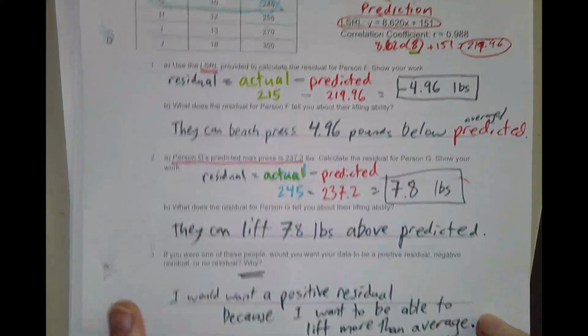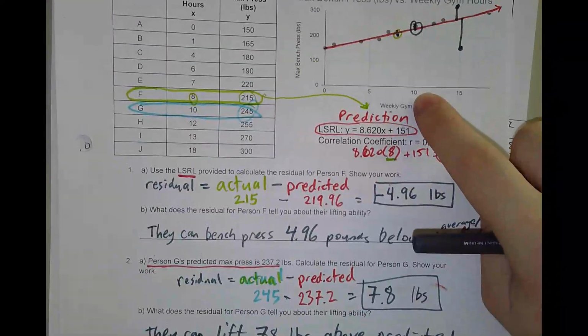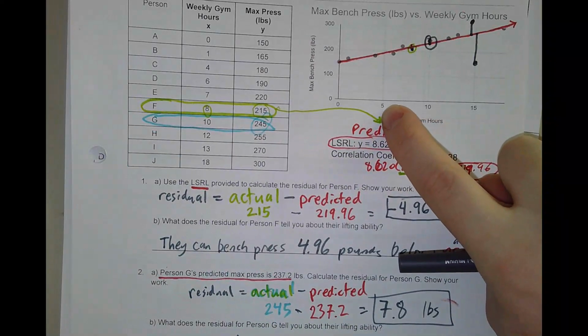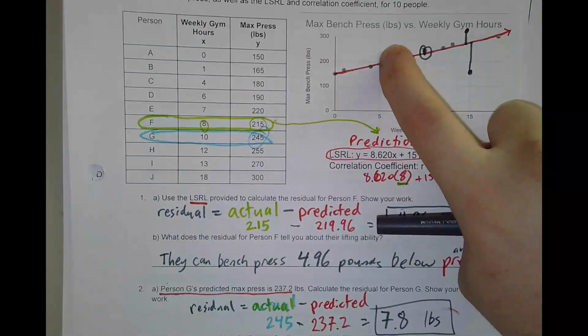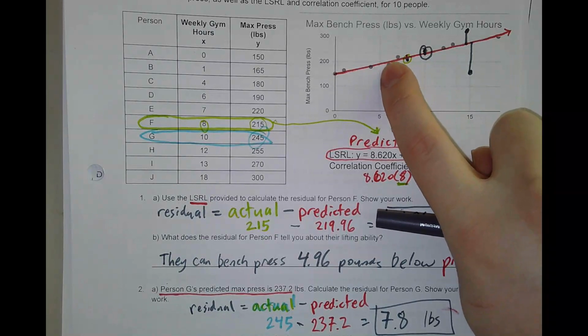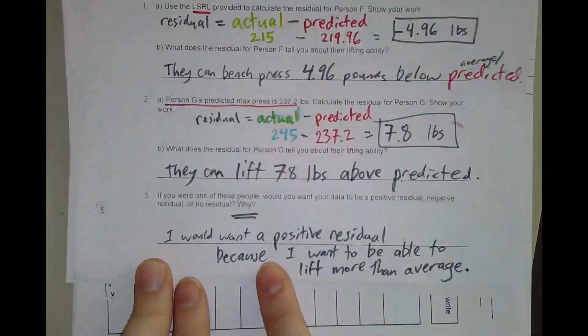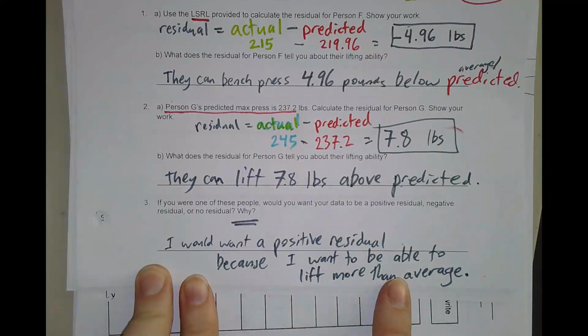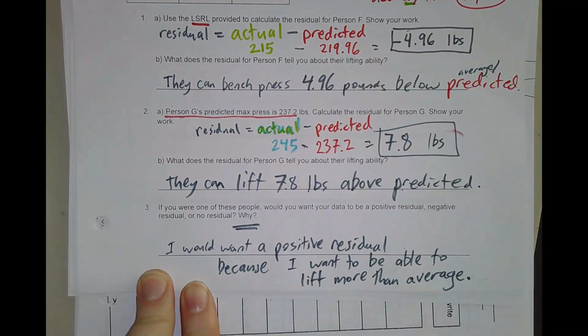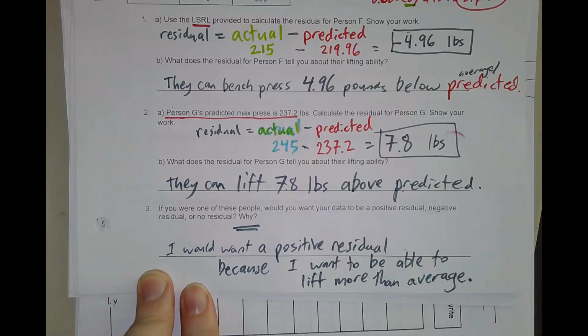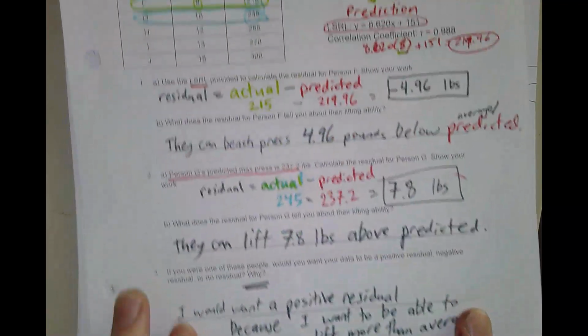What this actually means is, let's say I did 5 hours a week, would you want to be able to lift more or less than another person who can put in 5 hours a week? So you can also say I would want a positive residual because I'd want to lift more for less time in the gym. Answers will vary for that one, but mainly this is the idea.